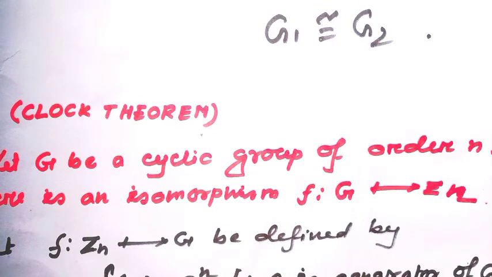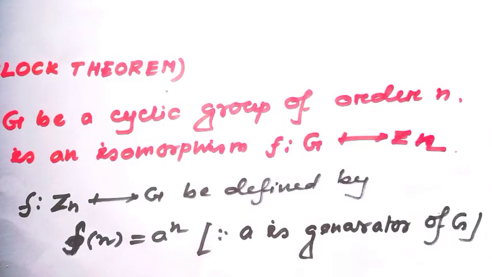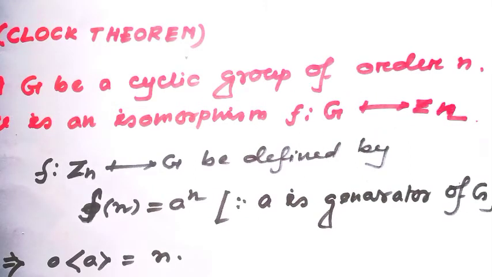Let's consider a mapping f from Zn to G defined as f of n equal to a to the power n, where a is a generator of G, since G is a cyclic group. Then what would be the order of the cyclic subgroup generated by a?